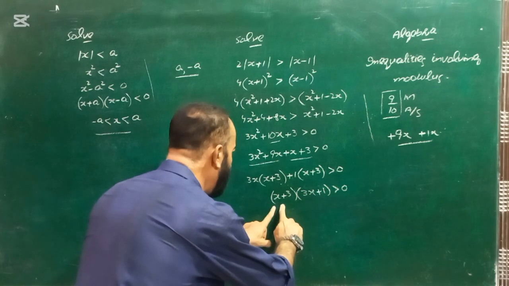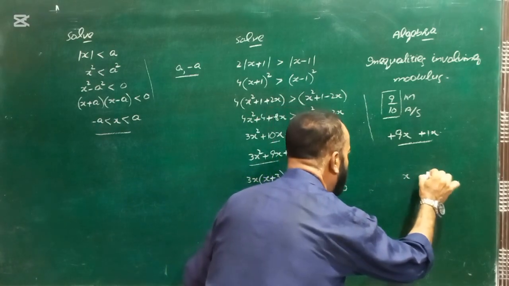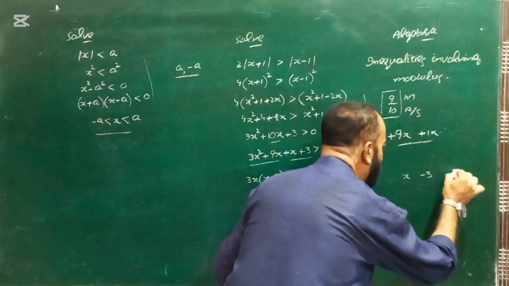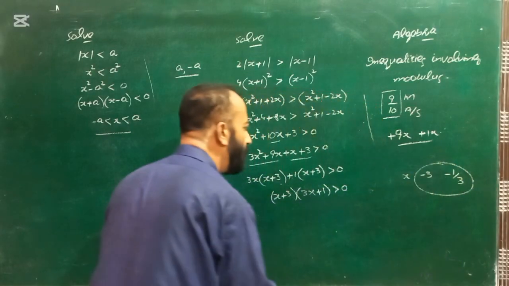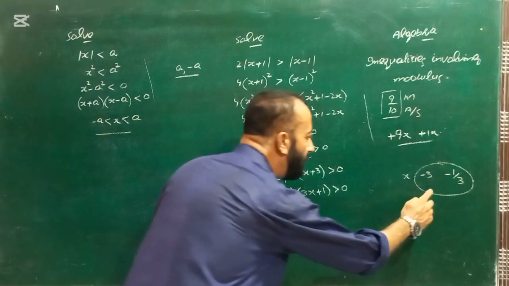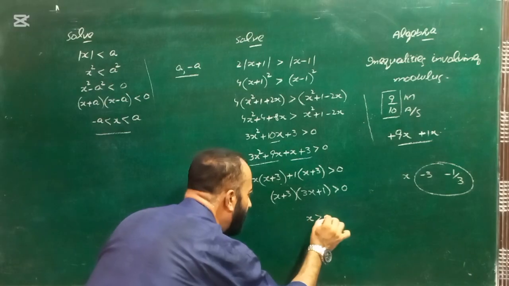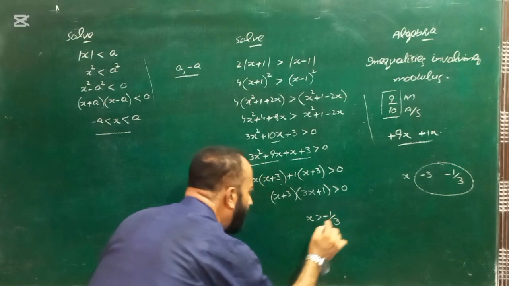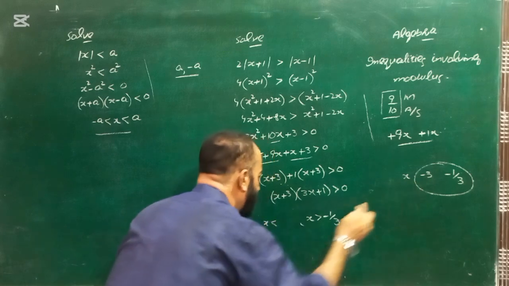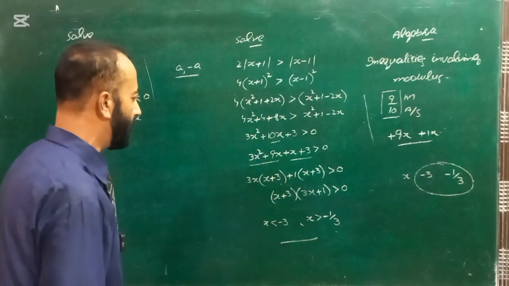From here you can see the x answers will be minus 3 and minus 1 by 3. So these are the two answers. To write it in inequality, the answers will be x greater than minus 1 by 3 and x lesser than minus 3. So these are the answers.